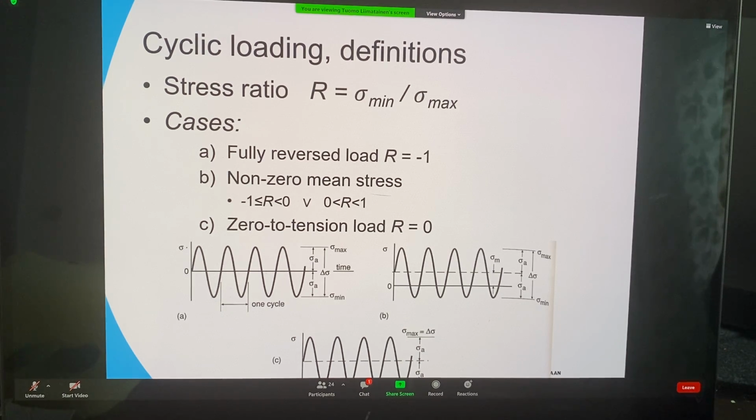There are exceptions, of course, like welds, because there are residual stresses. But if we have a component which has no residual stresses, a situation where there is only compression, even pulsating compression, would not cause fatigue failure.